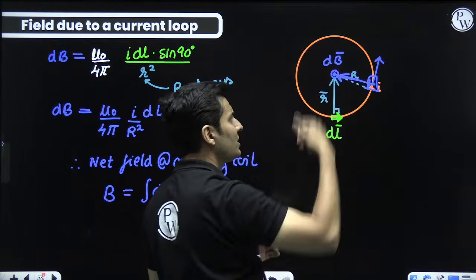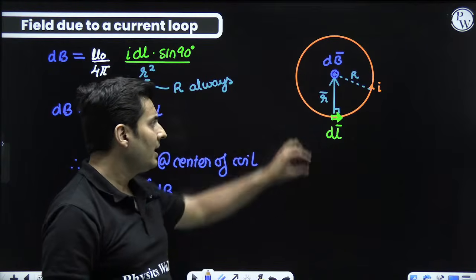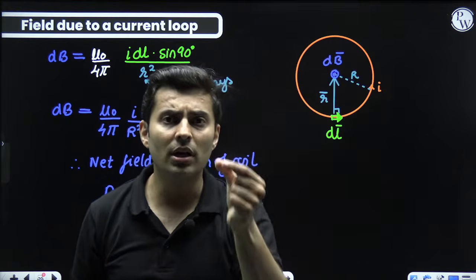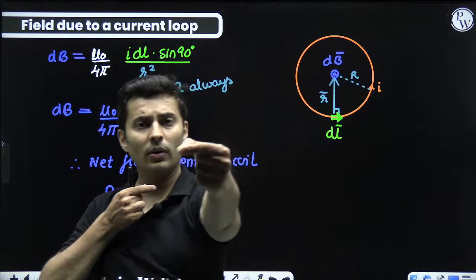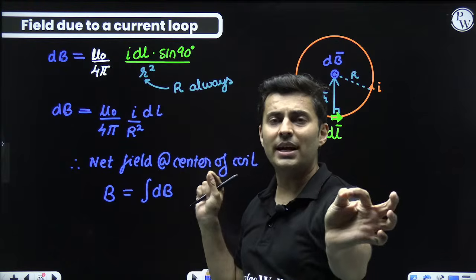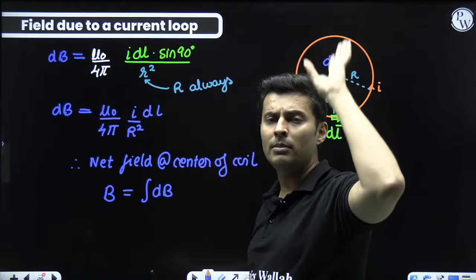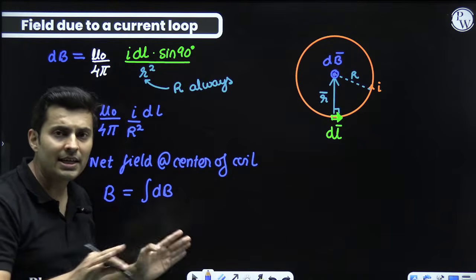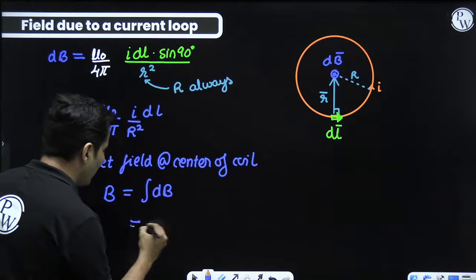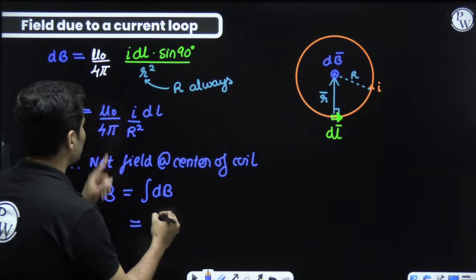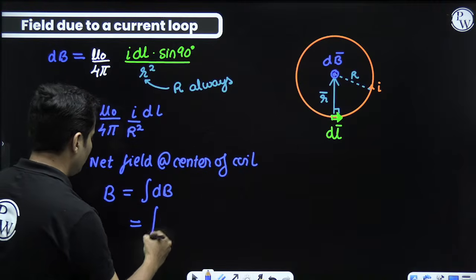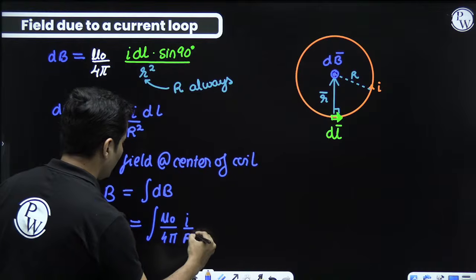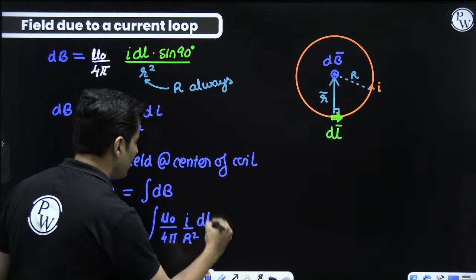So every single current element is helping and adding up to the contributions. So the total magnetic field will be a simple addition, dB, dB, dB, that's all. So integration of dB, there is no need of any kind of components. So if you substitute all of them, you have mu naught, 4 pi, I, R square, and dL.